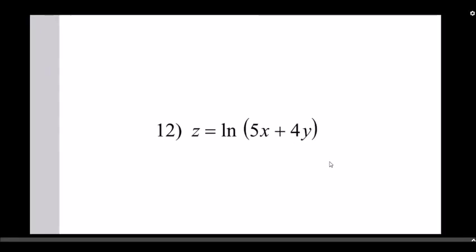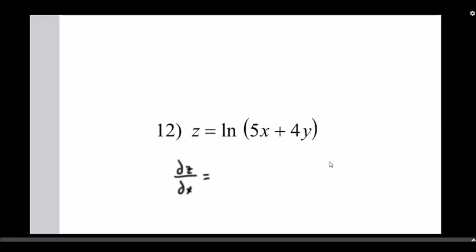Number 12, z equals, it's the same as f of x comma y. It means the same thing, but it does have a different notation. The partial derivative of z, it's a funky looking d, with respect to x is going to look like that. So partial derivative of z with respect to x.